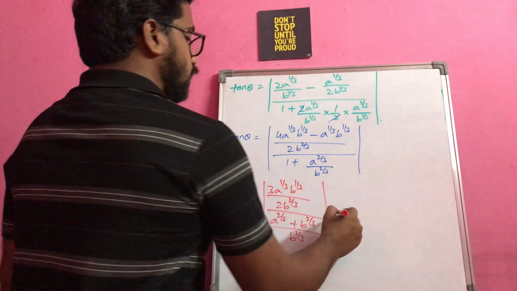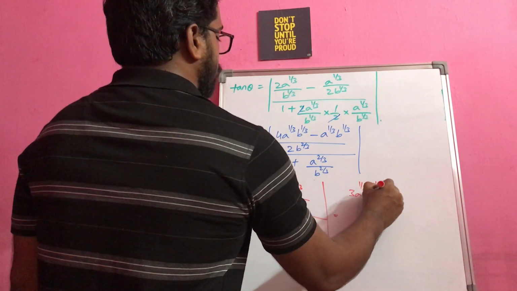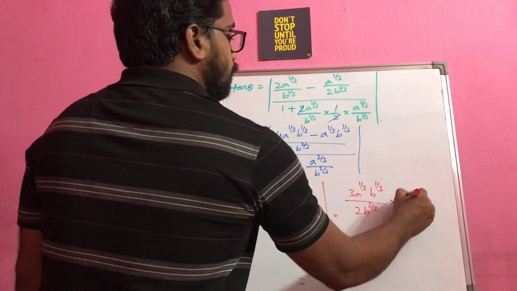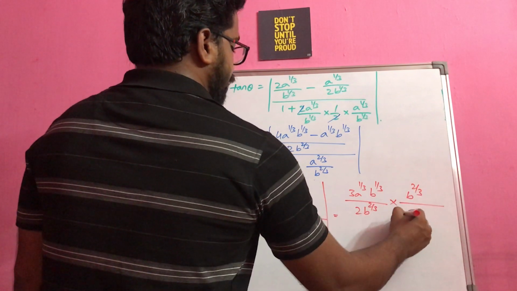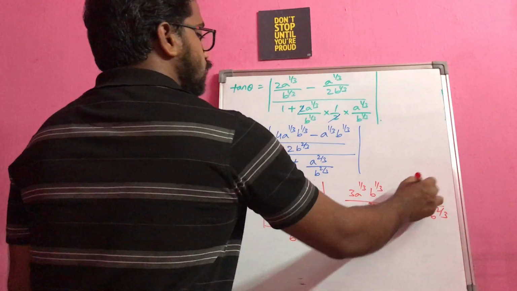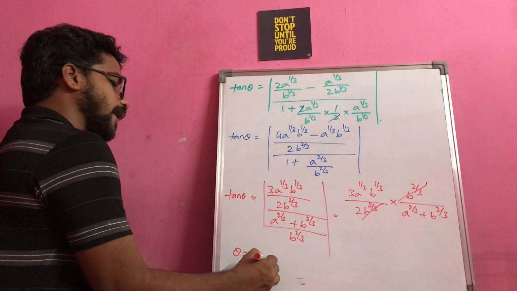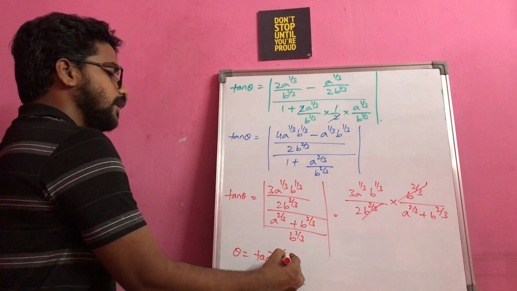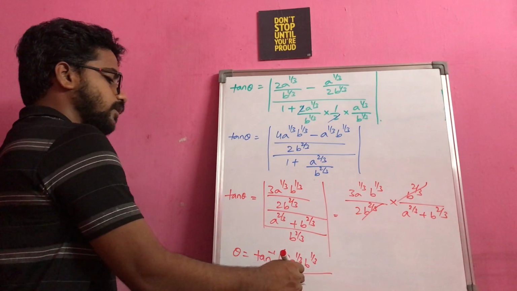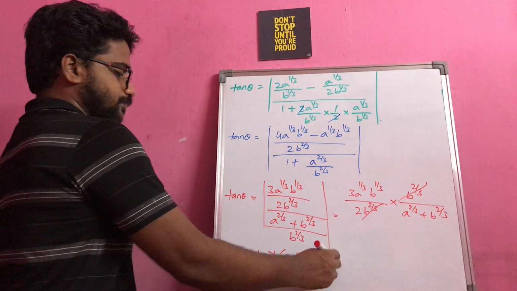Now simplify this further. This is equal to 3a power 1 by 3 b power 1 by 3 by 2b power 2 by 3 into b power 2 by 3 divided by a power 2 by 3 plus b power 2 by 3. So you can cancel out this b power 2 by 3 and all. So finally theta will become tan inverse of this value, that is 3a power 1 by 3 b power 1 by 3 whole divided by a power 2 by 3 plus b power 2 by 3.